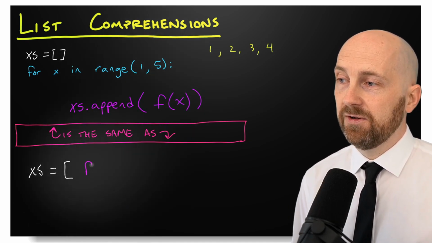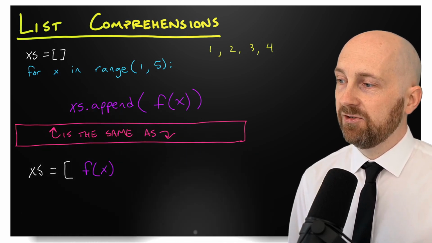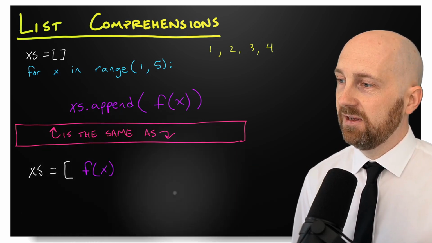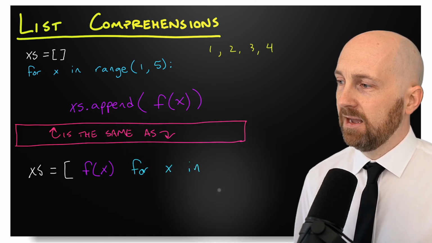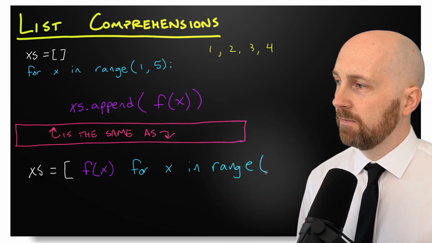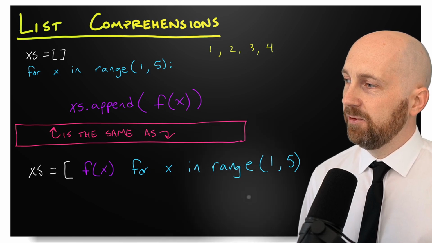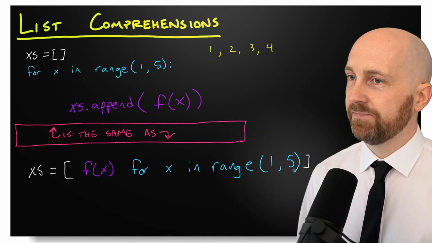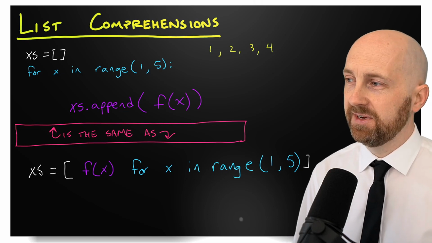So we saw f of x, right? And f of x for x in, and then a range from 1 to 5. Right? And then if we were to close this right here, this isn't exactly the list comprehension we saw on the previous slide.